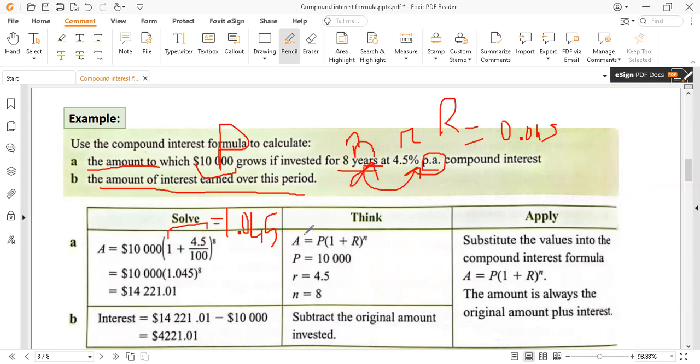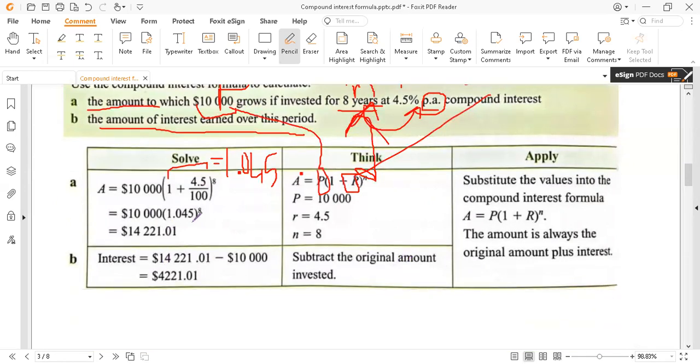So we substitute the big P by 10,000, the big R with 0.045, and the small n with 8 to obtain finally $14,221.01.